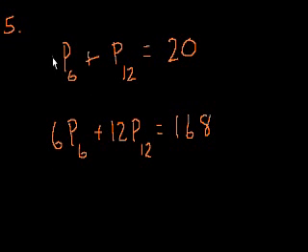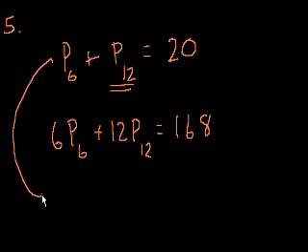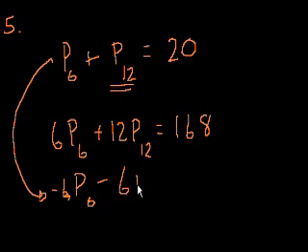So they want to know how many packages of the 12 bagels he bought. So they want to know what P sub 12 or whatever you want to call that is. If we want to do that, let's cancel out the P6's. So if we multiply that top equation by minus 6, you get minus 6 times the 6 packs minus 6 times the 12 packs, is equal to minus 120.